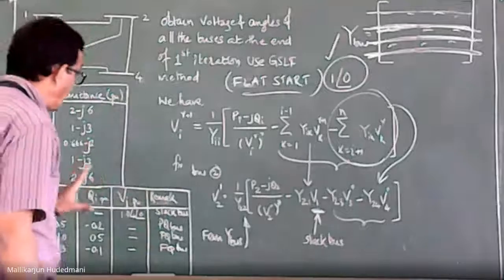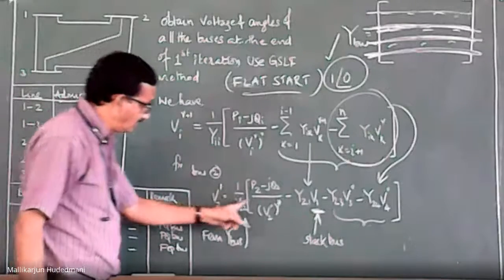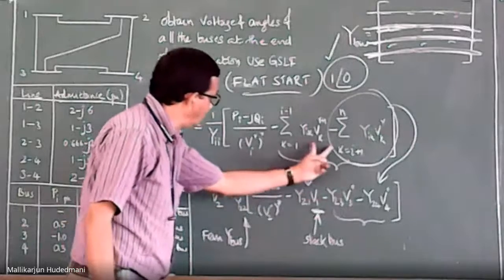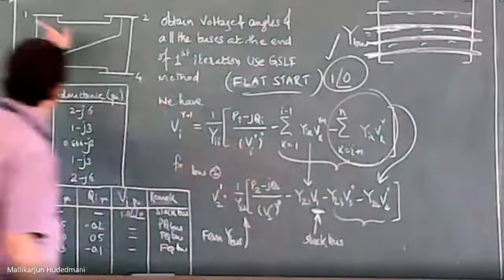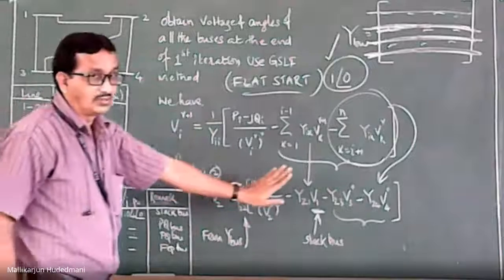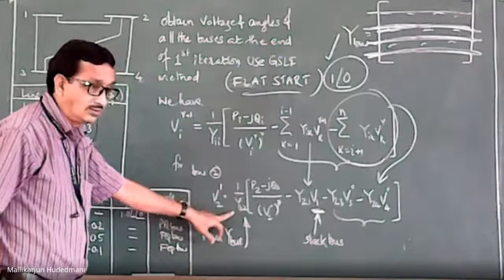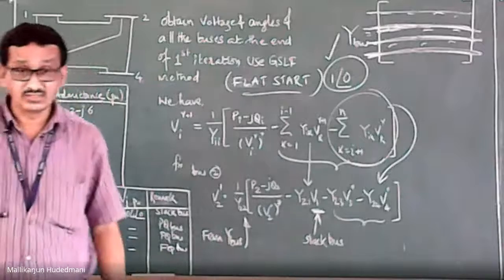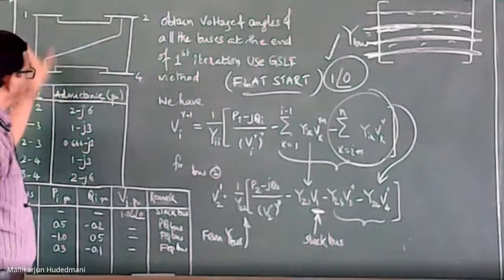So I am trying to address a V2 calculation at the end of iteration 1. This is the expression. From this equation I can generate it, or directly from the connectivity I can write it. If anybody would like to know how to get the Y bus, nothing wrong, use the Y bus by inspection method. How many buses are here? 1, 2, 3, 4. Physically 4.